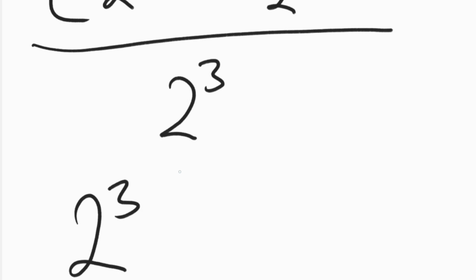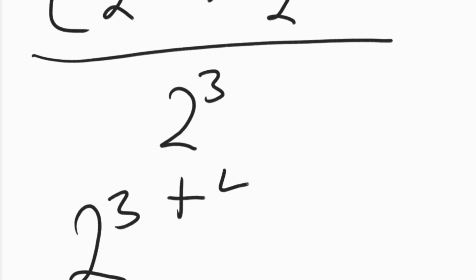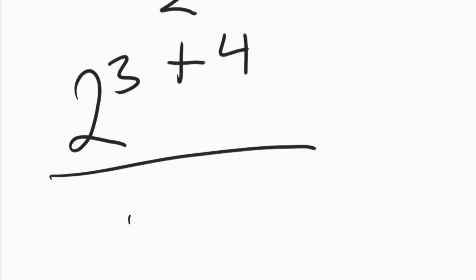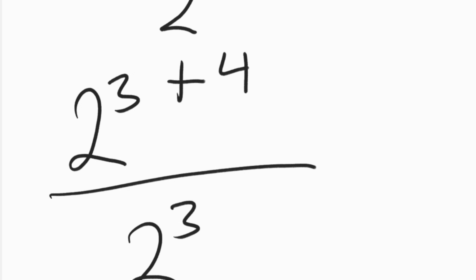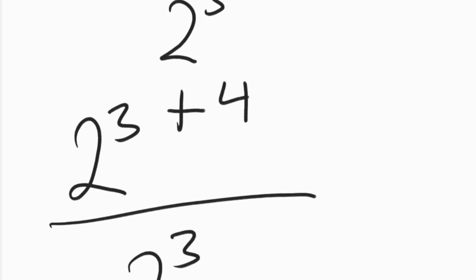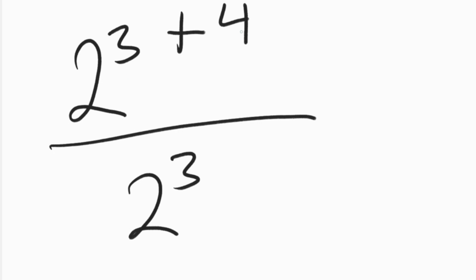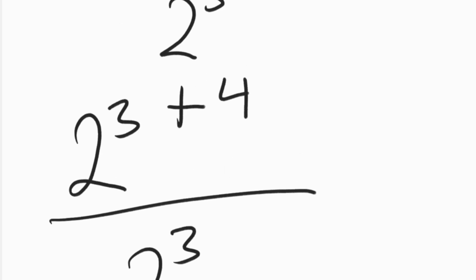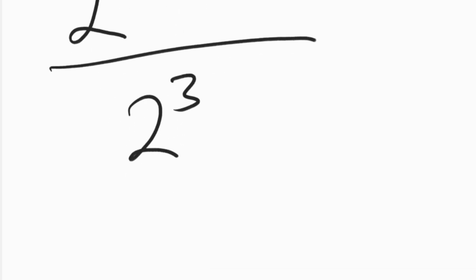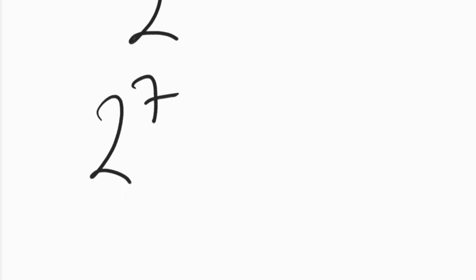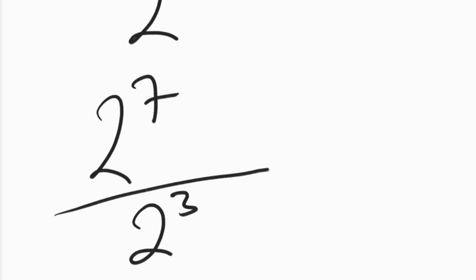So we're going to have plus 4, all over 2 to the third power, right? We proceed. In this case, 3 plus 4 is going to be 7, so we're going to have 2 to the 7th power over 2 to the third power.